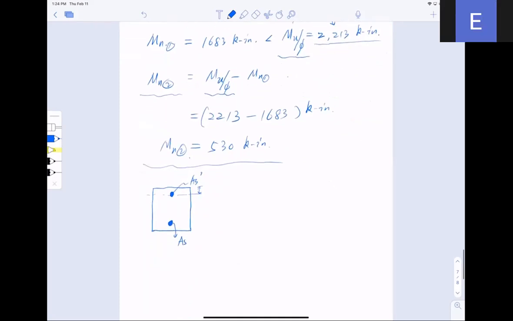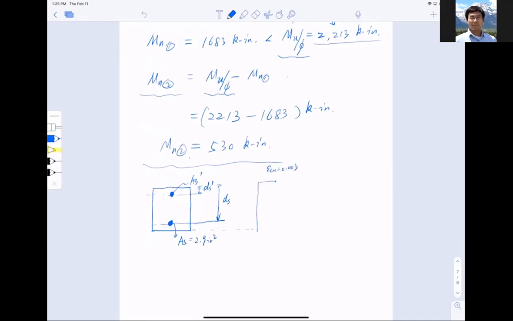Now this is ds prime, since that's the spacing for the compressive reinforcement. And this is ds. And then I want to draw the strain diagram. So first of all, always draw the strain diagram. I line up the top and bottom line here, and I draw epsilon cu equal to 0.003.